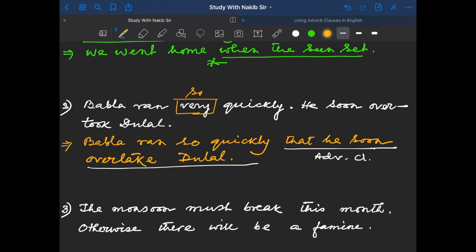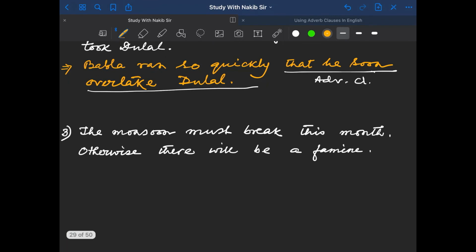Okay. Now number 3. The monsoon must break this month, otherwise there will be a famine. This is the condition. So there will be a famine.